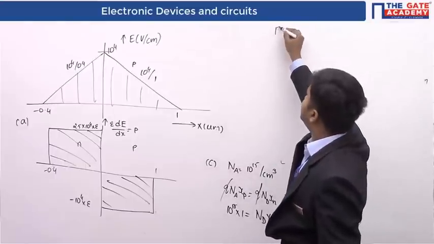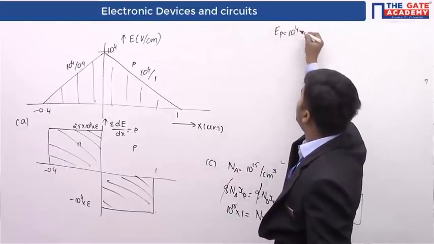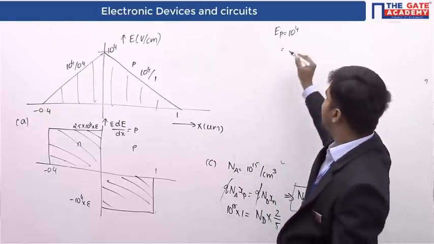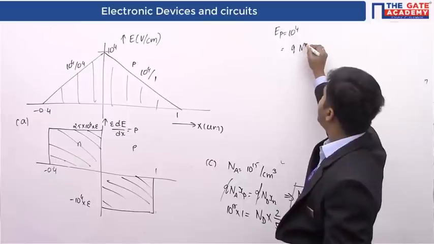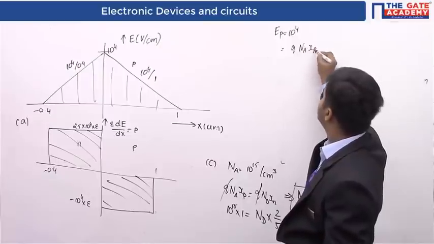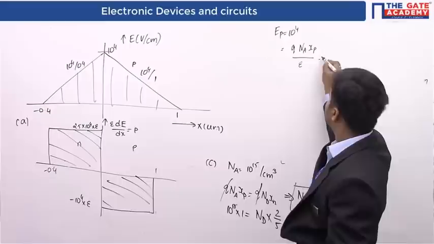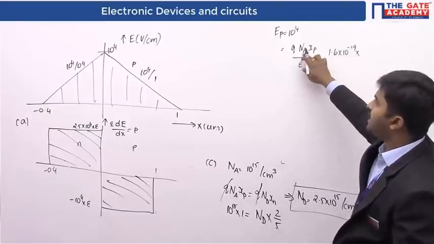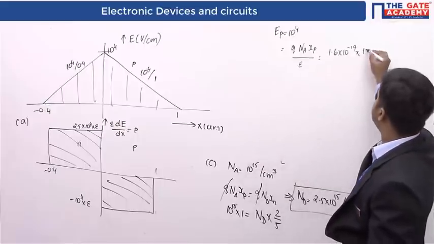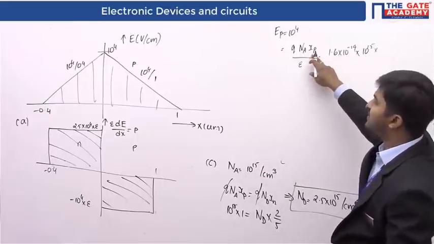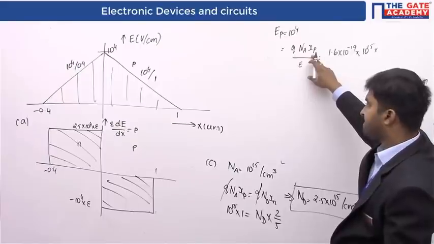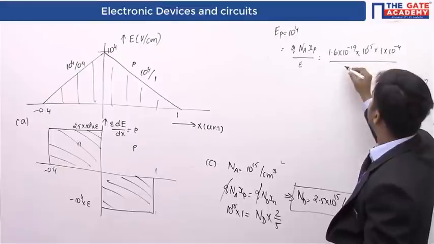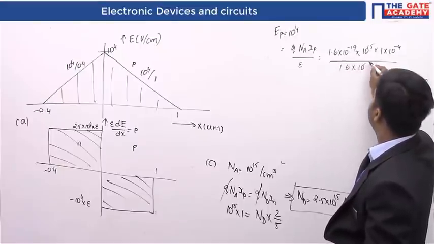So we can directly take the value of EP to be equal to 10 power 4, or we can use the formula of the peak electric field, which is again important in the GATE exam. What is that? Q multiplied by Na multiplied by xp divided by epsilon. So 1.6 into 10 power minus 19 multiplied by Na. Na is given to be 10 power 15, multiplied by xp. What is the value of xp? Xp is 1 into 10 power minus 4, divided by epsilon, which is 1.6 into 10 power minus 12.